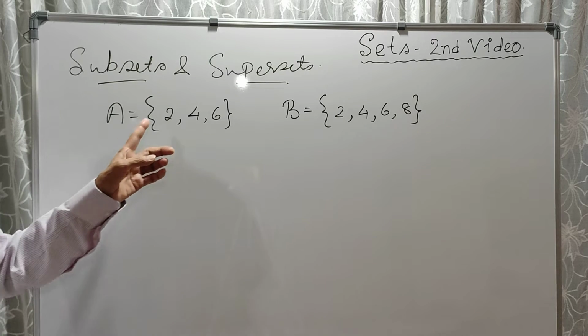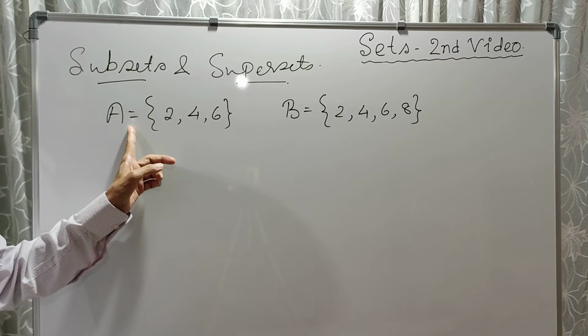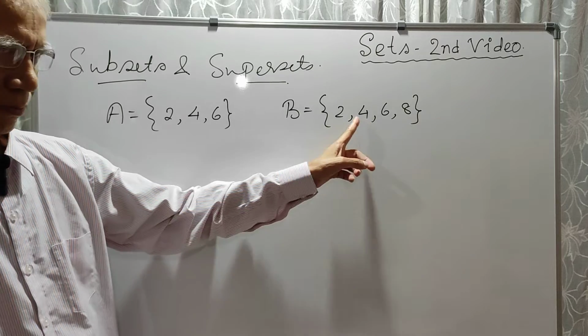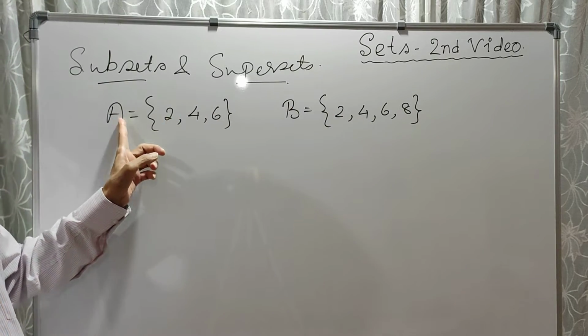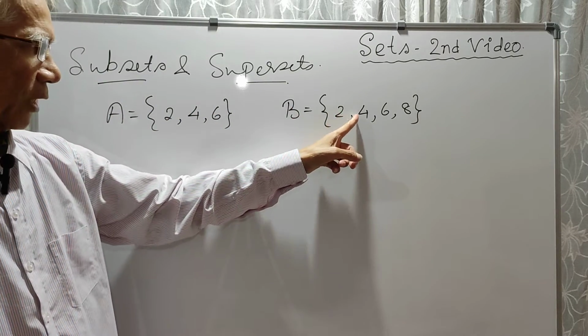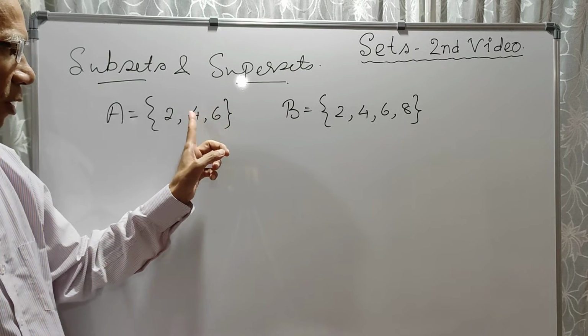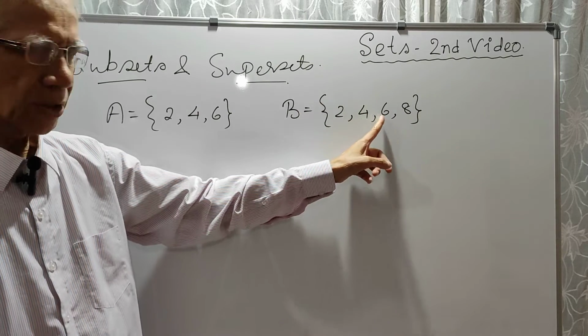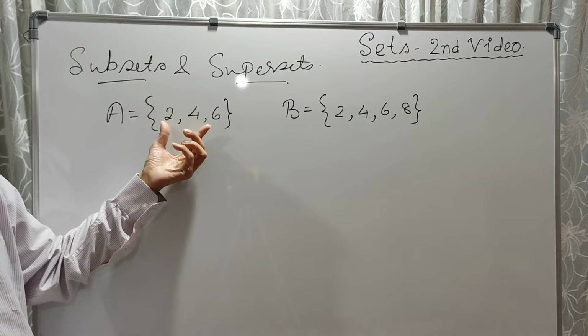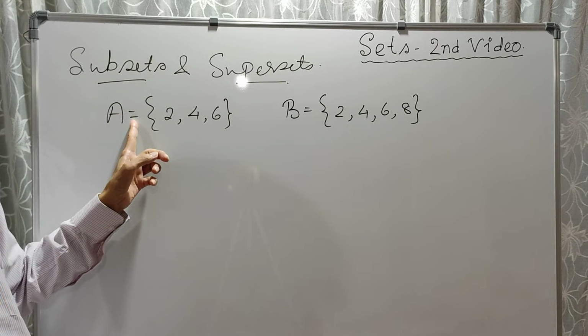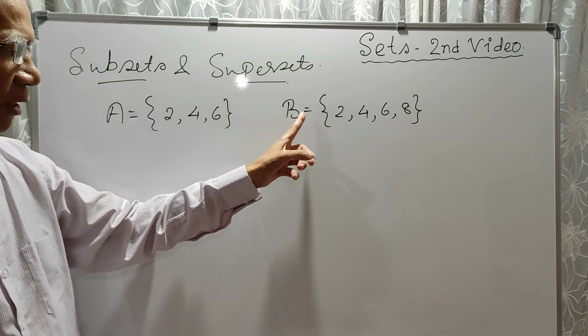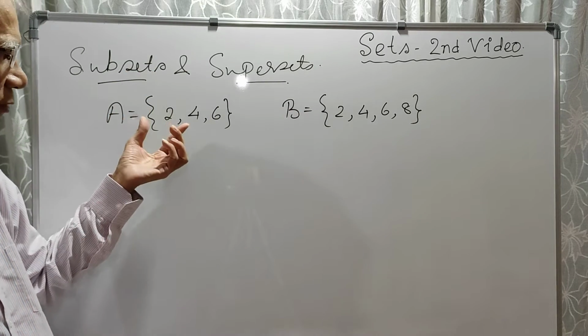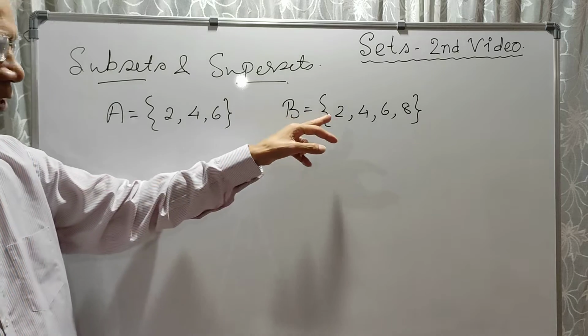Now each and every element of A is present in B. So 2 belongs to A, 2 also belongs to B. 4 belongs to A, 4 belongs to B. 6 belongs to A, 6 belongs to B. So each and every element of set A belongs to set B.